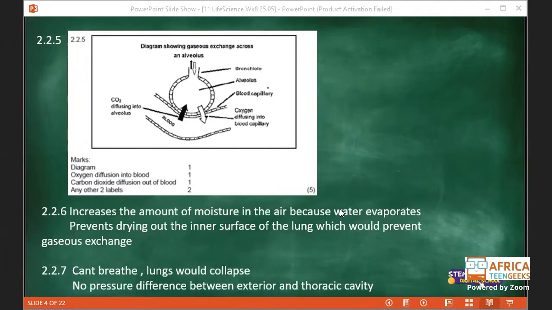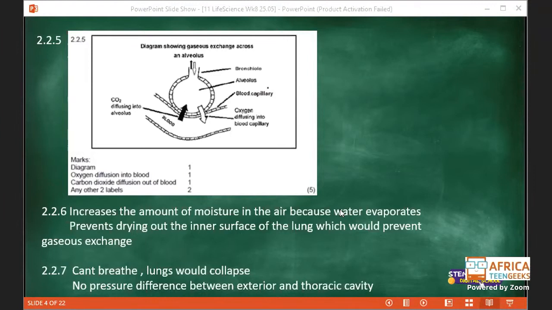And it prevents drying out of the inner surface of the lung, which would prevent gaseous exchange. Remember, guys, when we looked at the composition of inspired air versus expired air, the air that we breathe in has a certain percentage of water vapor.